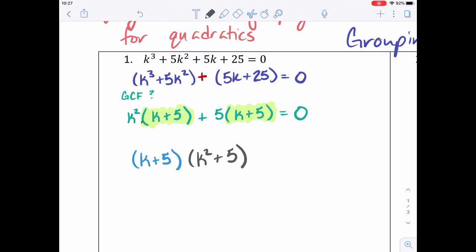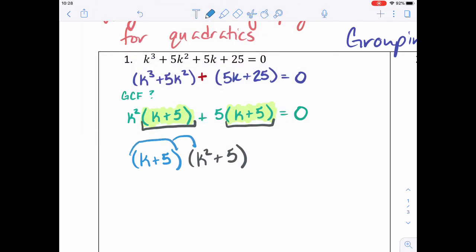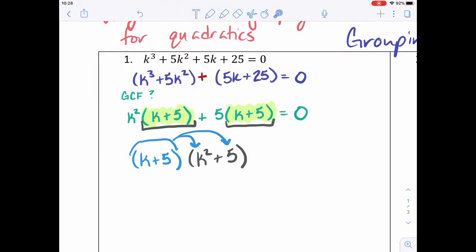So we're just taking this linear factor and pulling it out, because if you think about it, if I distribute this whole blue thing in, I would have k squared times k plus 5, which is right here. And if I distribute this whole linear piece to 5, I would have 5 times k plus 5. So we're just undoing distribution, which is called factoring. So this is what our factorization looks like.